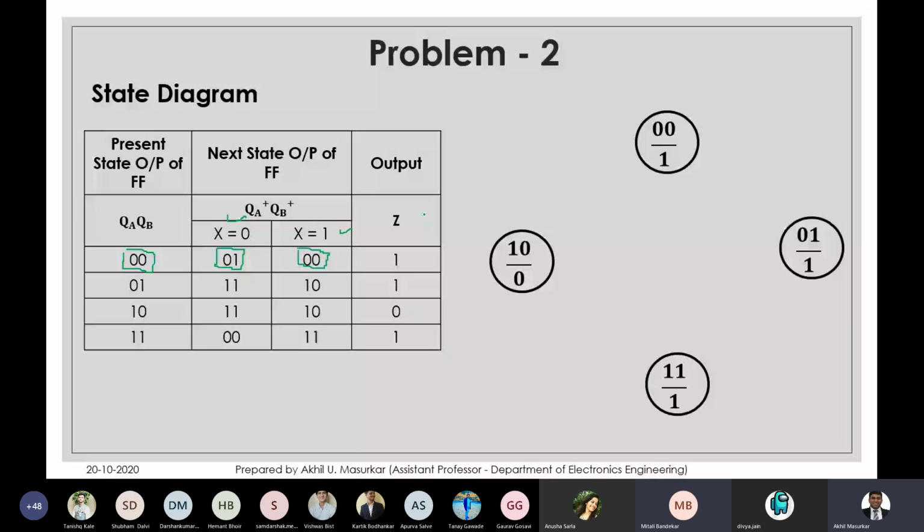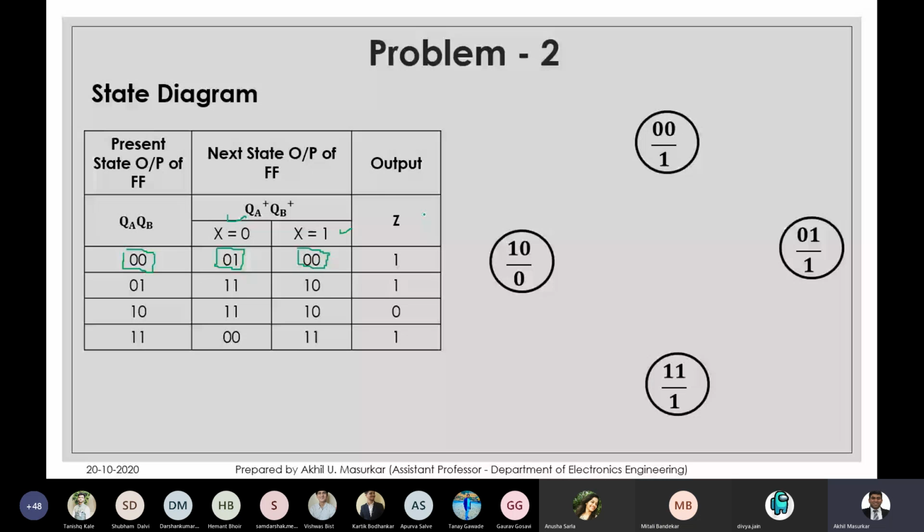Only 0. So, what is the error that you are doing? I was asking you output, but you were looking at the next state. Okay. So this is the place where the students make mistakes.